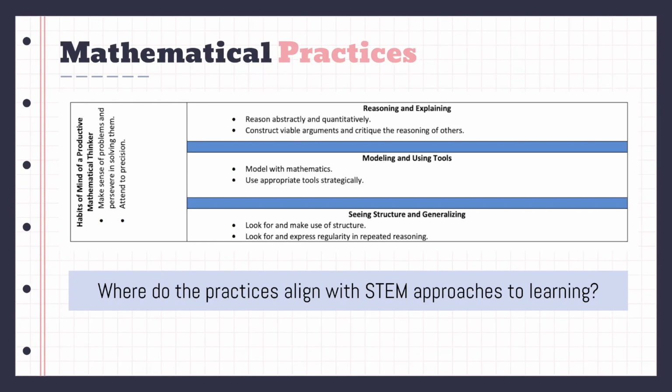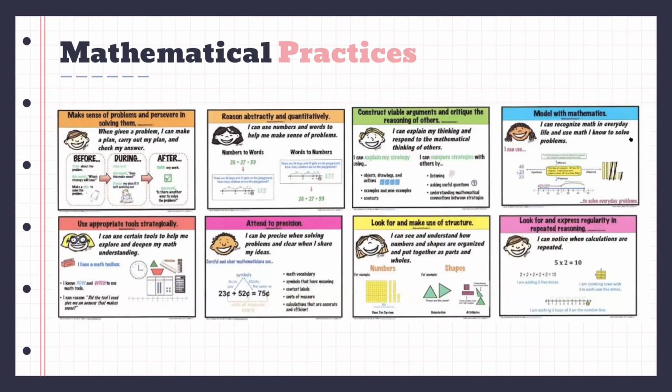So we kind of have to give them permission sometimes to persevere and think differently. And it is important to be precise, especially with mathematics, but it's also okay, like we were talking earlier, to fail and fail forward. So this is just another look at that.